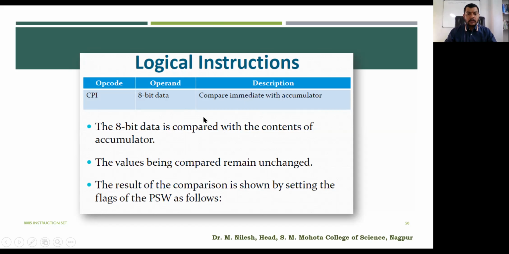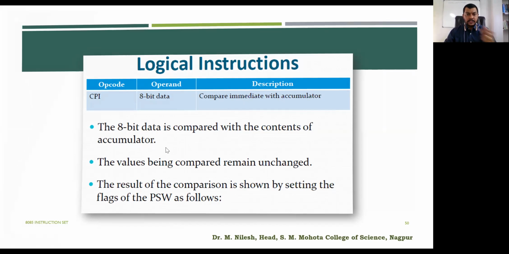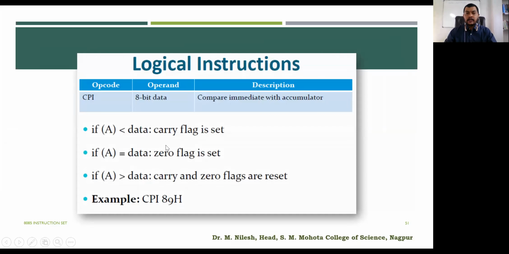So this is another instruction of compare. Then again, the same procedure: all the flags are being affected and the contents remain the same. They are unchanged. Then logical instruction, what it does is the same as we have seen earlier in compare register or compare memory, the same sort of flags are being affected.